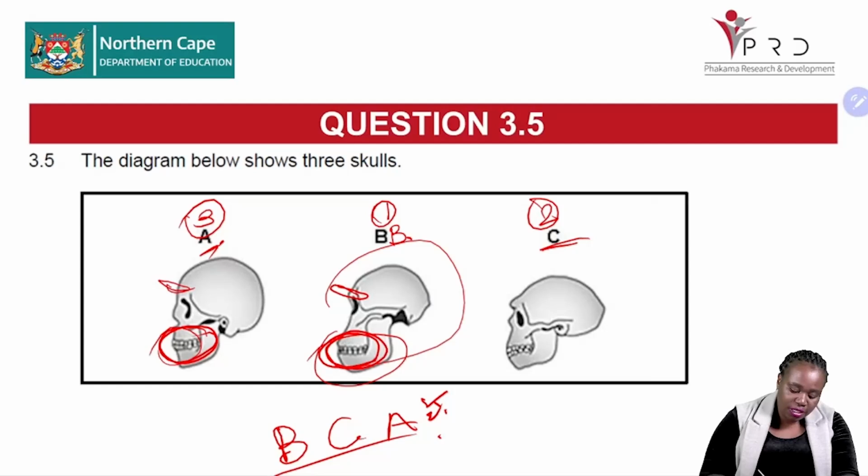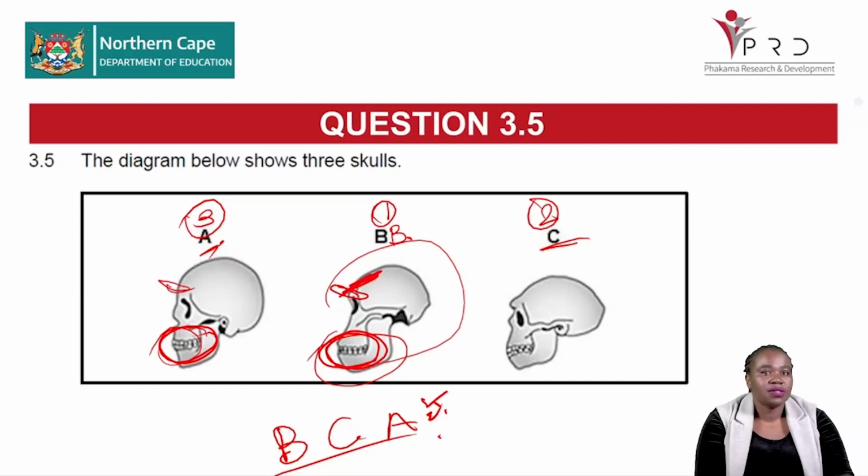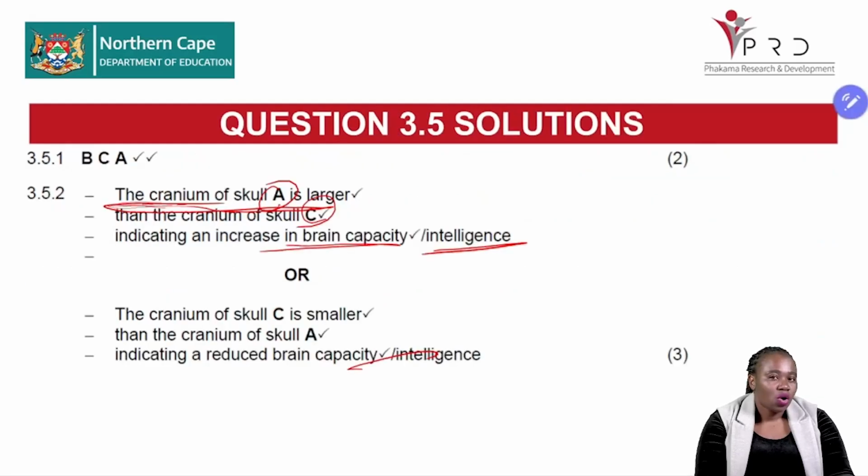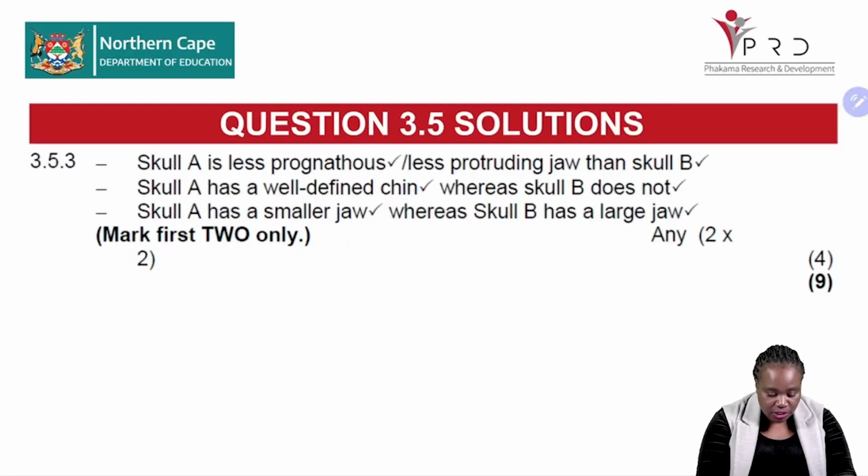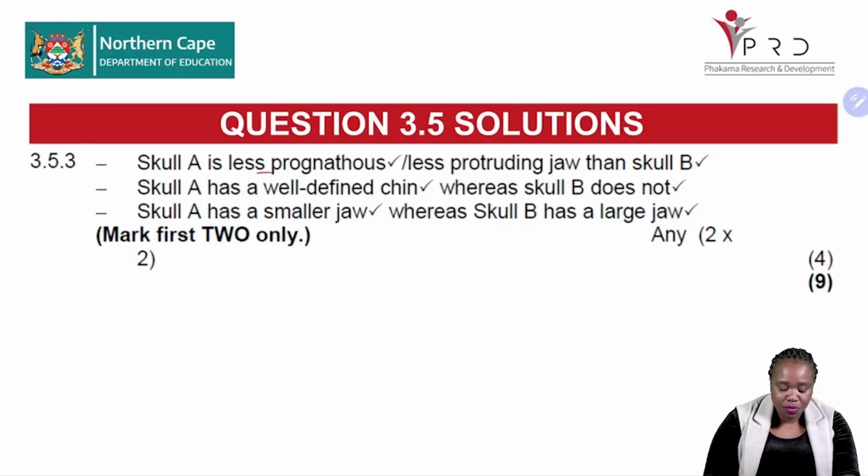And then we can also see that there is that sloping on the forehead of skull B, whereas that sloping is not seen on the forehead of skull A, right? So the skull A is less prognathous, less protruding jaw. So the jaw is less protruding there, right?